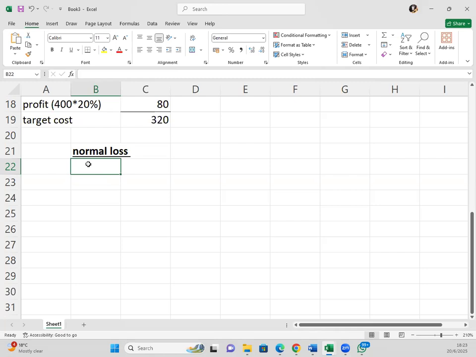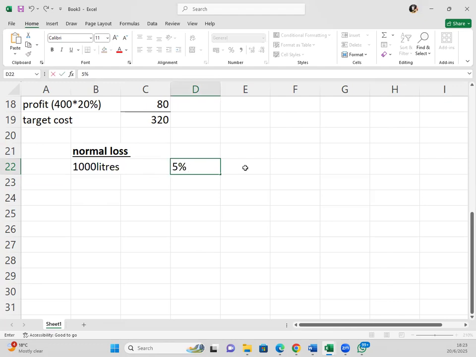So in this case, we are told that the process had a normal loss or an abnormal loss. If the normal loss is 5%, we mean that in every 1,000 kgs or 1,000 liters, we're expecting that we'll get 95%.